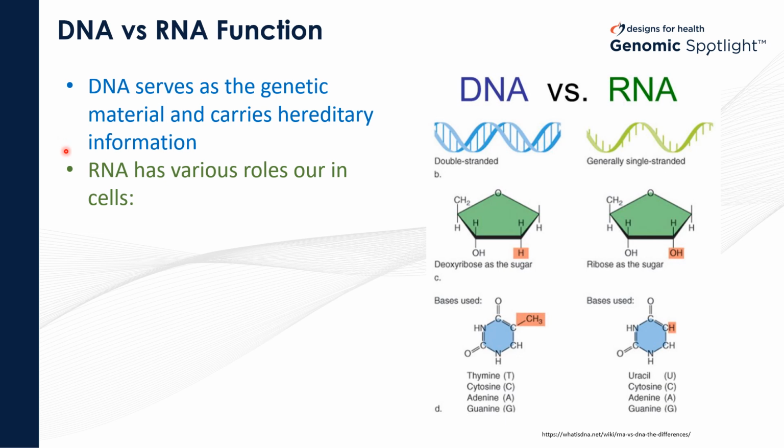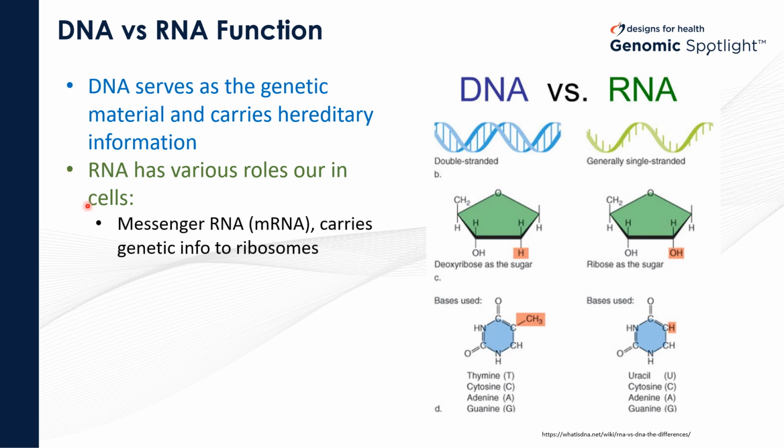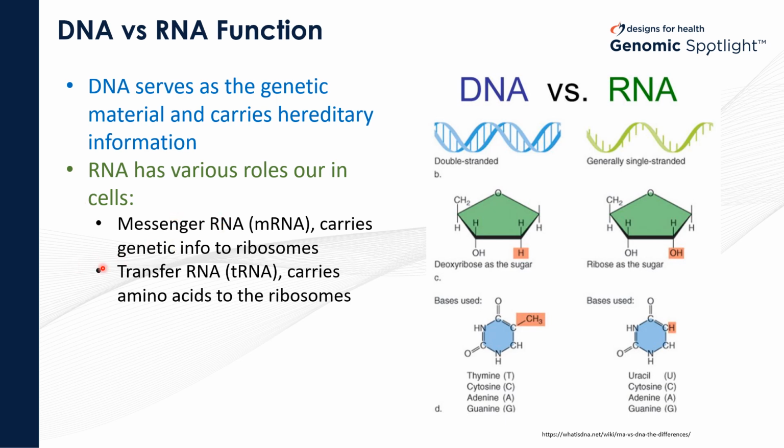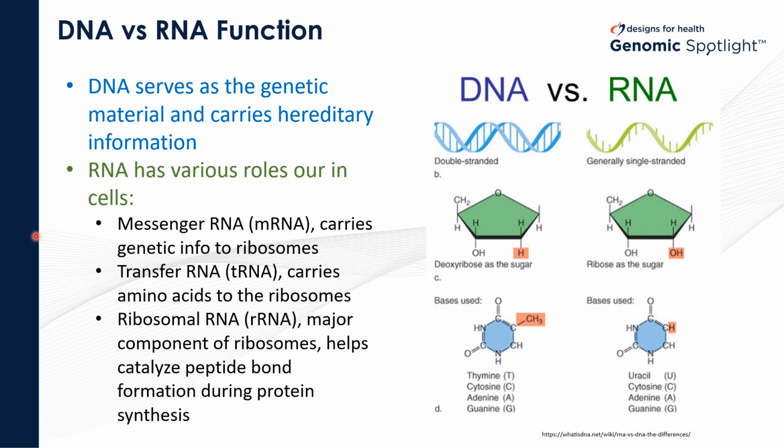RNA has various other roles in our cells, including mRNA, which carries the genetic info from the DNA to ribosomes, transfer RNA, which carries amino acids to the ribosomes, and finally, ribosomal RNA, or rRNA, which is actually a major component of the ribosome itself and helps catalyze the peptide bond during protein synthesis.